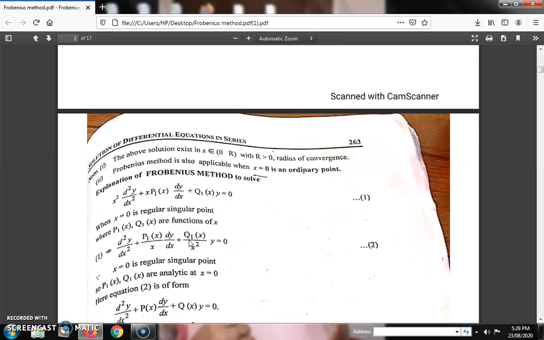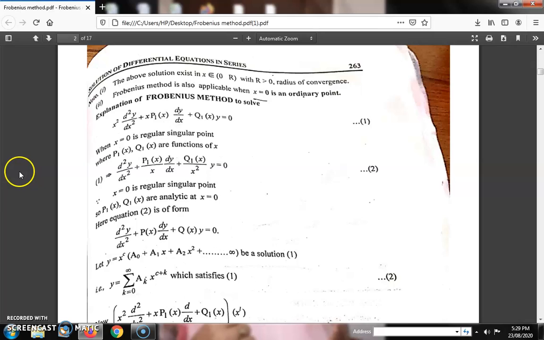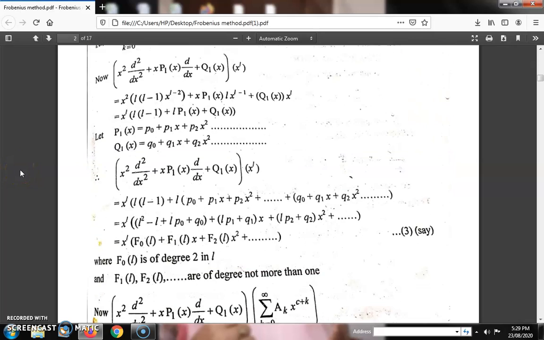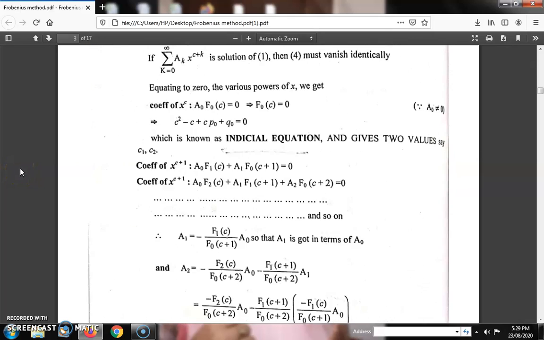So here is the explanation of the Frobenius method. We don't go through the detail of this. I am just telling you the important points here. Firstly, when you put y, dy by dx, d2y by dx square as we have done in the power series method, you will compare the coefficient of x raised to power c first.